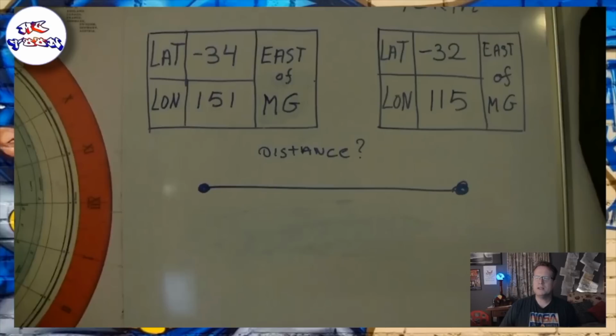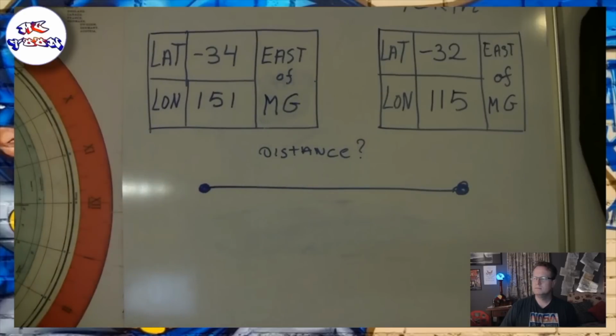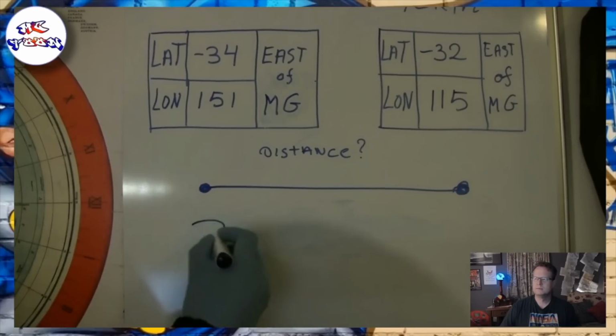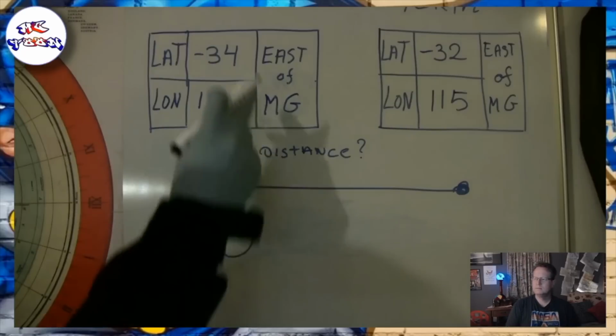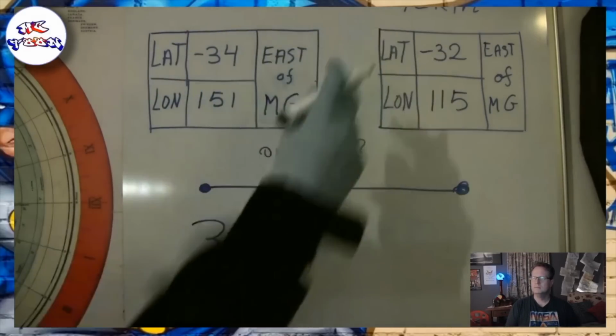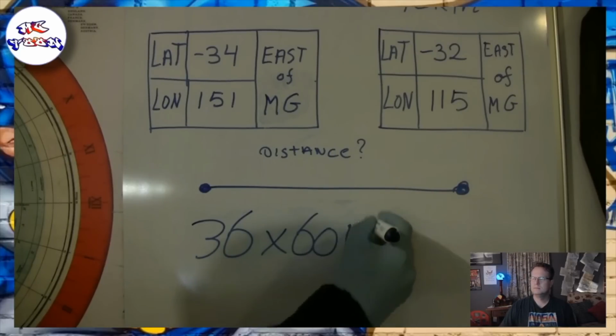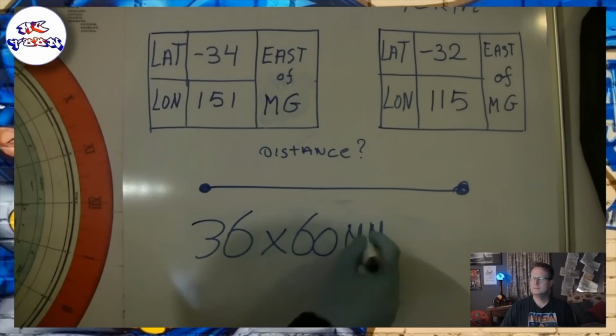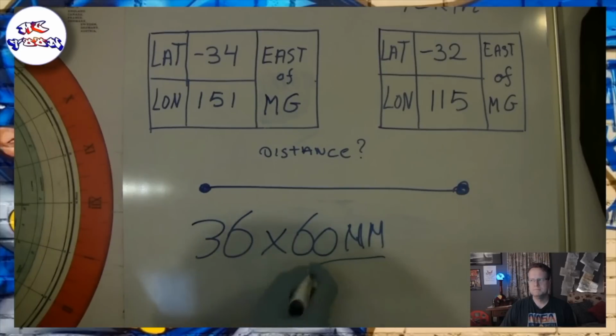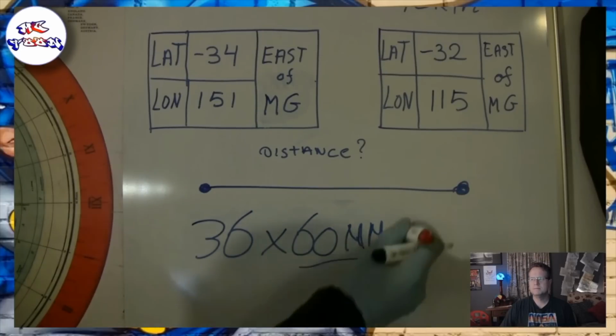So let's see what he does to calculate this distance. The real distance between Sydney and Perth is 36 degrees. That's the amount of degrees between Sydney and Perth. Multiply by 60 nautical miles. Why 60 nautical miles?